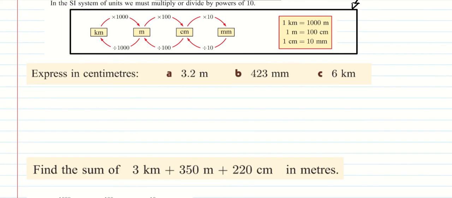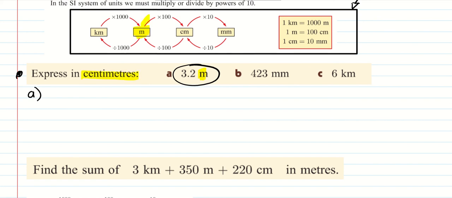So we're going to have a look at this example here. We're going to express in centimetres the following units. The first one is we're going to convert 3.2 metres into centimetres. And a really easy way, like I said, is to use this little conversion chart. So we're starting off with metres. So I'm going to highlight where we're starting, and we need to go to centimetres.